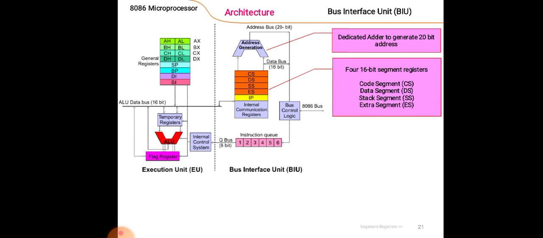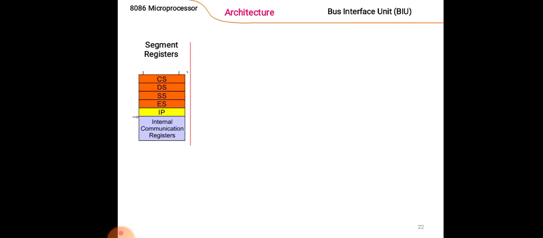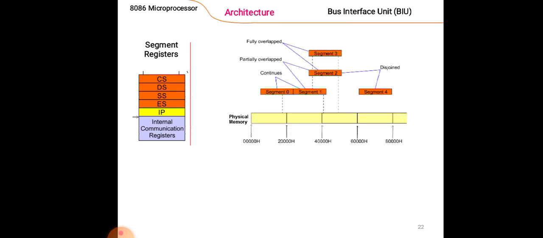Then you can see that in orange color there are 4 segment registers: code segment, data segment, stack segment, and extra segment register. Then what are these segment registers? This is nothing but the whole memory of 8086, that is 1 megabyte of memory, divided into 4 segment registers, that is CS means code segment, DS means data segment, SS means stack segment, and ES means extra segment.